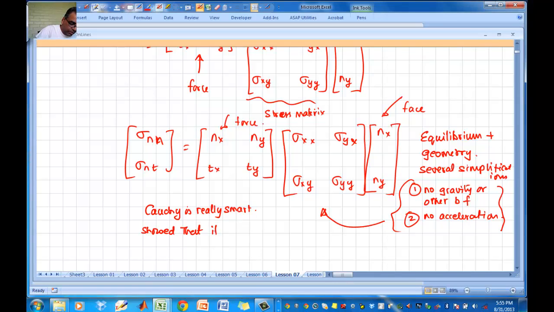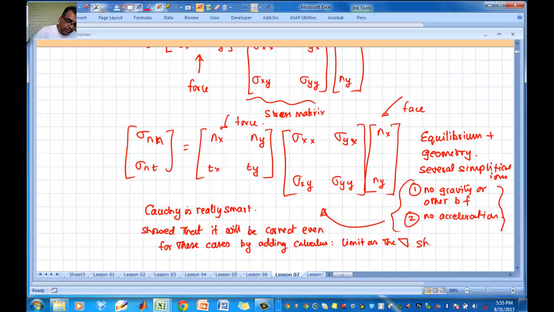He showed that it will work even for these cases by adding calculus. Limit as the triangle shrinks to 0.